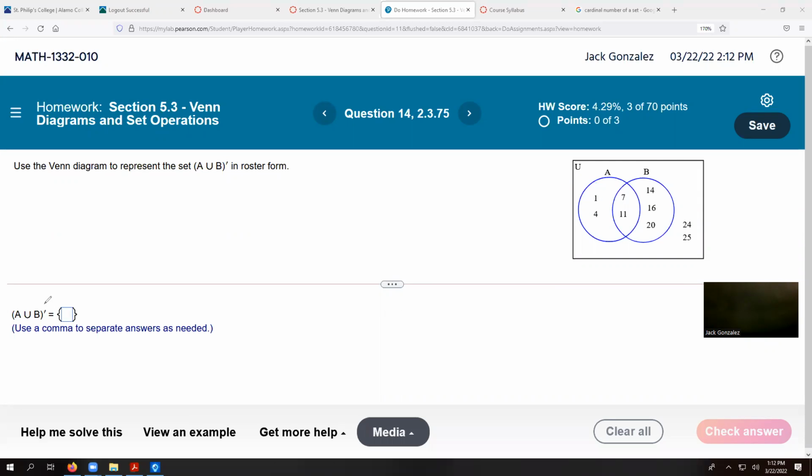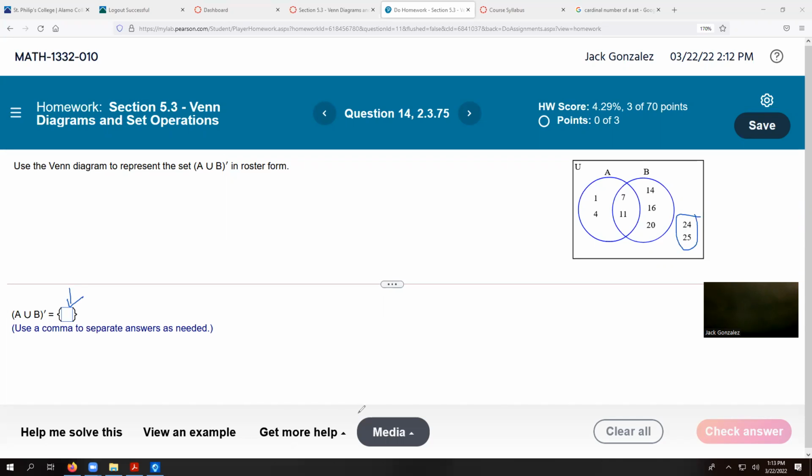That means everything outside the union. So make sure you understand what is a union, what is intersection, what is complement. If you don't remember, I would write down the formulas or a visual. Union means you're combining them together. Complement means everything outside of that. So what is everything outside the union? There's only two things, right? So these two outside.